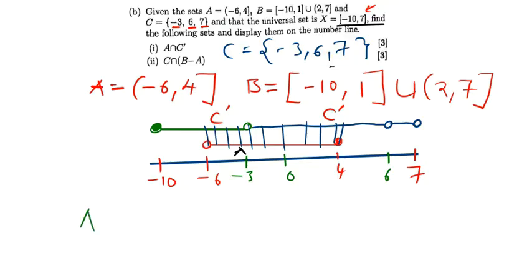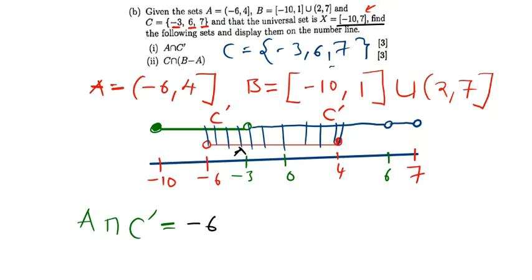Let's start with negative 6. Is negative 6 part of A? Of course not. Is it part of C complement? Yes, it is, because it's part of the line. But it's not part of A, so it can't be part of the intersection.